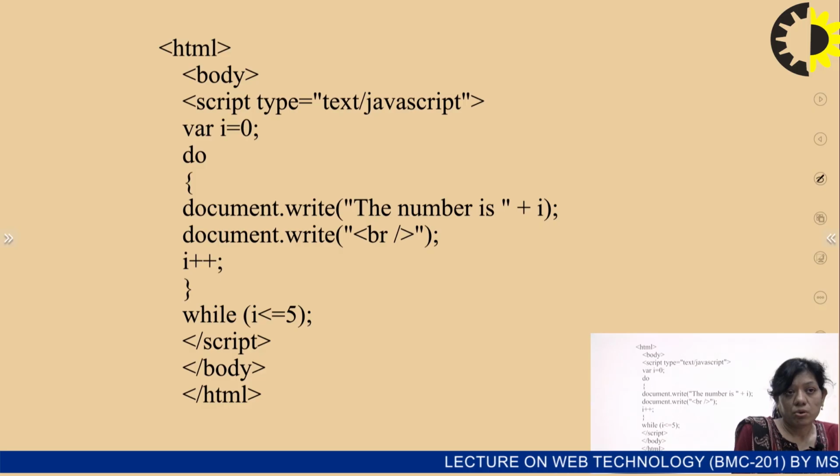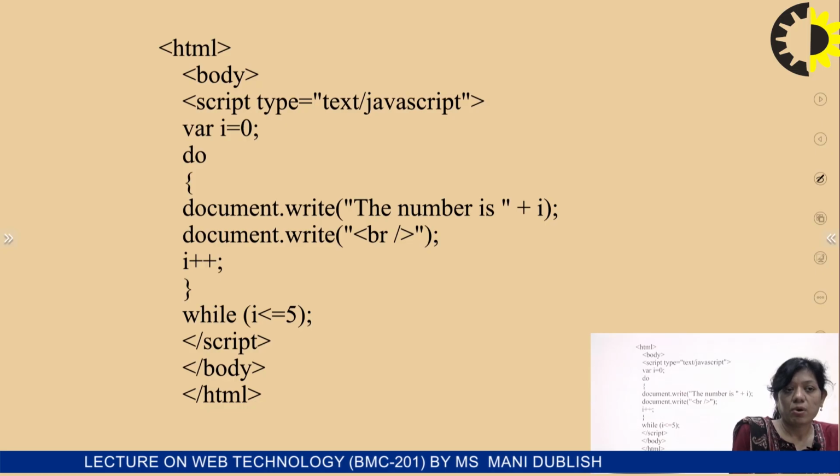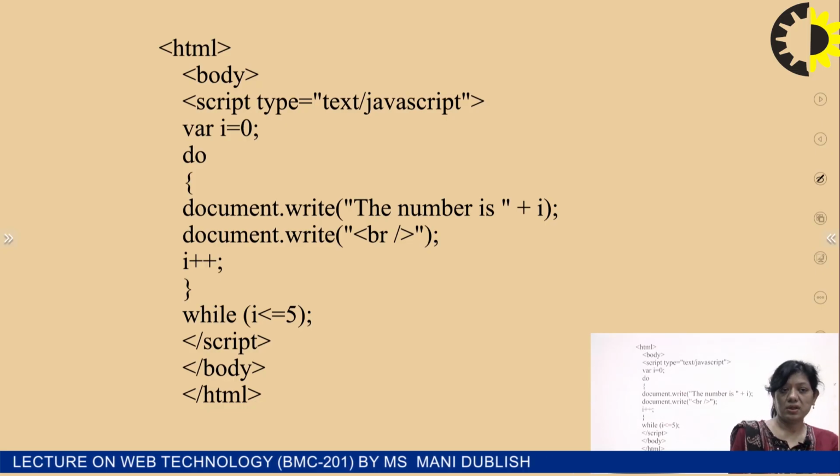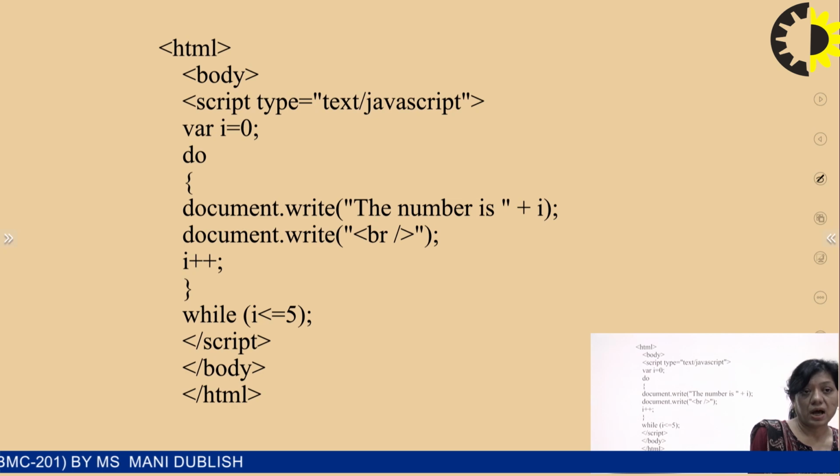So for a false value, while loop will not work, but do while loop will work at least one time, because in do while loop the condition is checked after the code, at the last.